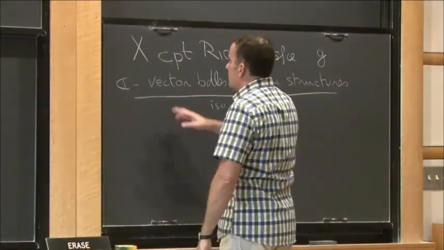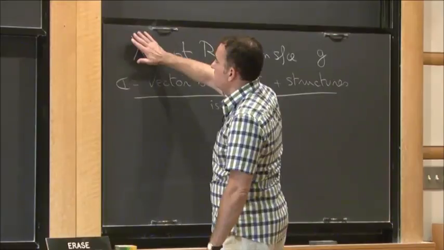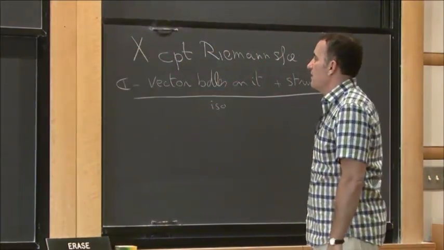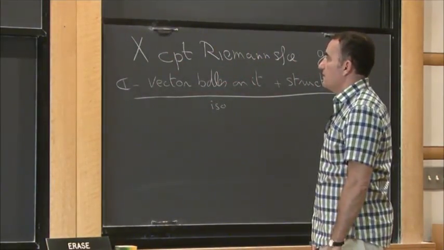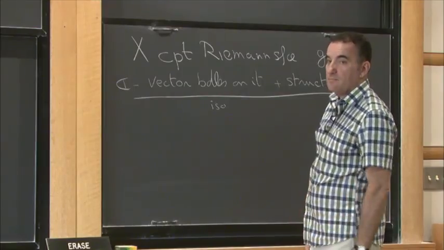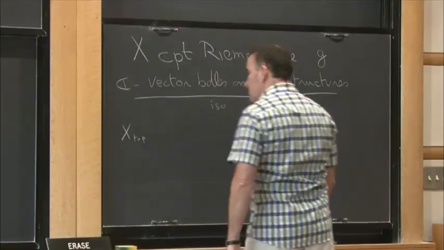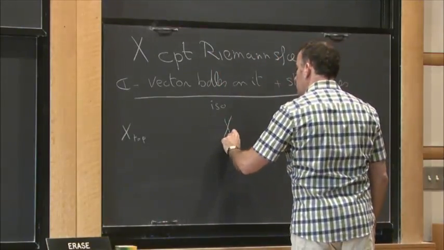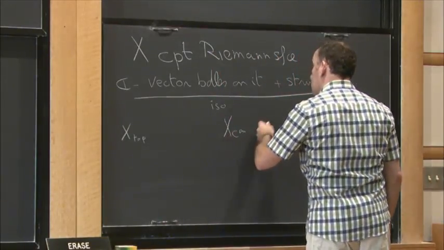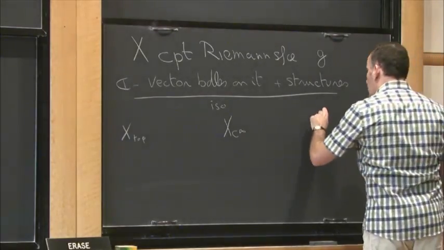There are three flavors, and they correspond to the three different aspects that this object has. It has a topological aspect. It has a C-infinity aspect. And it has its complex structure, so a holomorphic aspect.